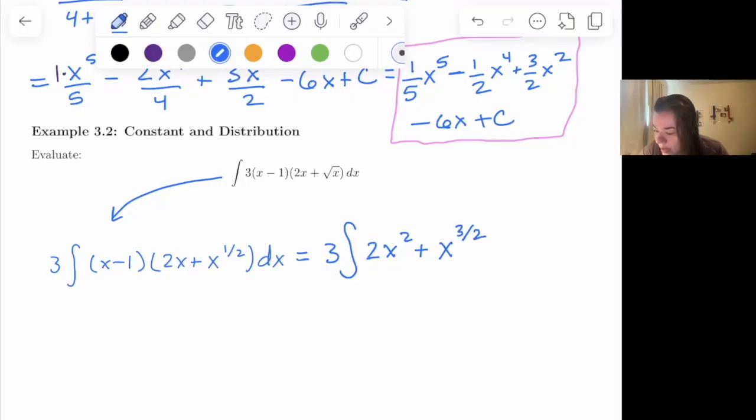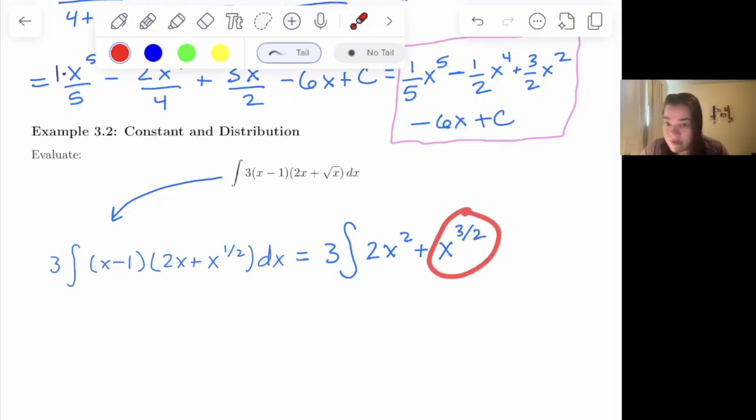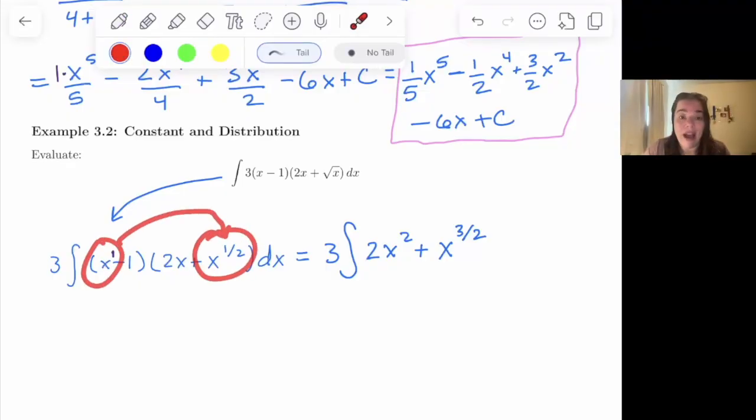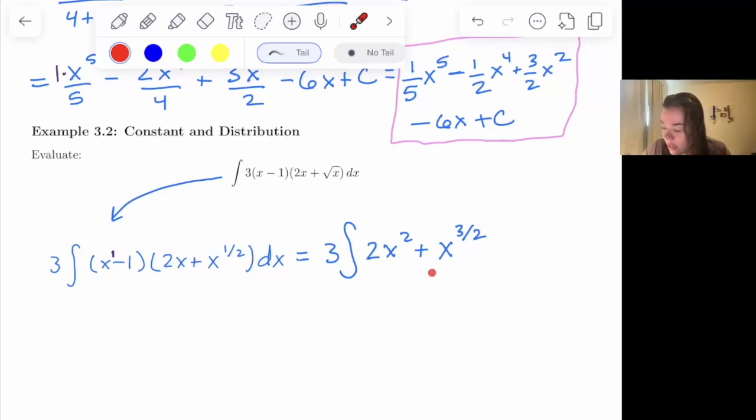I'm going to pause real quick and tell you where this x to the 3/2 term came from. So the first thing I did was I multiplied x by 2x to give me 2x squared. Then I multiplied x by x to the 1/2. Remember, you add your exponents. So showing that one more time, if I take x to the 1 and multiply it by x to the 1/2, I added my exponents and got x to the 3/2.